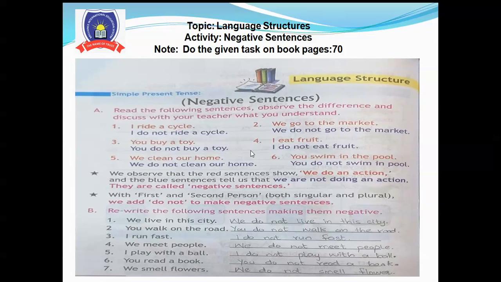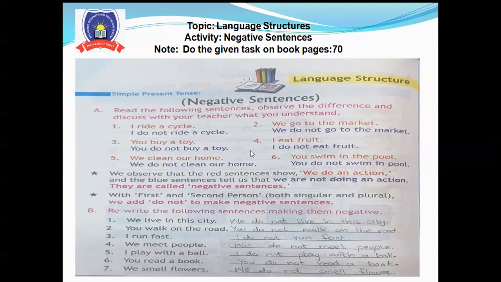Okay? And there is a rule with first and second person, both singular or plural: we add do not to make a negative. Do you know what the first person or second person is? First person means the speaker.